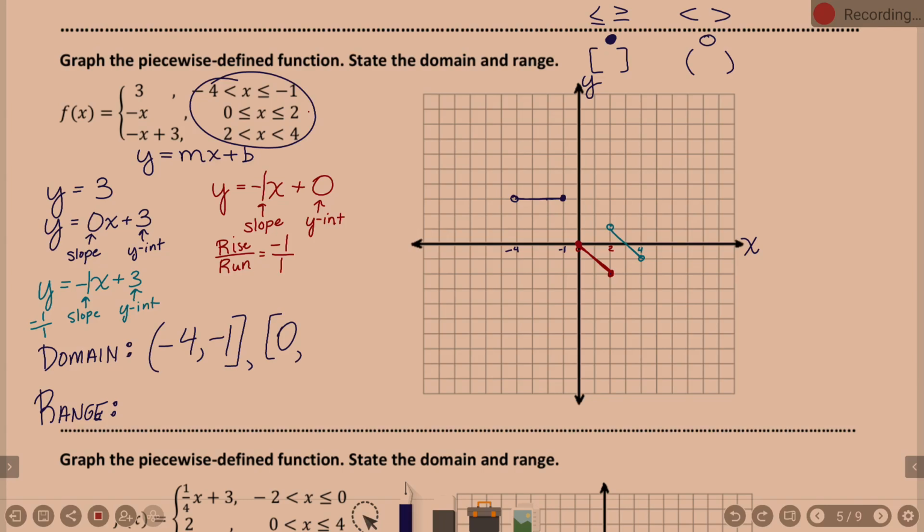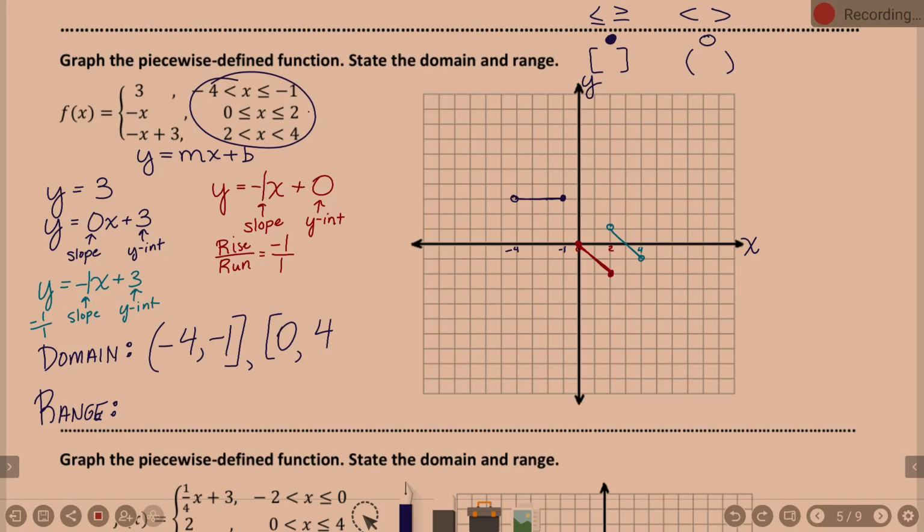So rather than just go 0 to 2 and take a break, we can say it's 0 going to 2. As we keep going past 2, where does it stop? At 4. So this one, we can say 0 to 4. That's because even though it's two separate lines, there was no gap in numbers. We have something going to the left of 2 and something going to the right of 2.